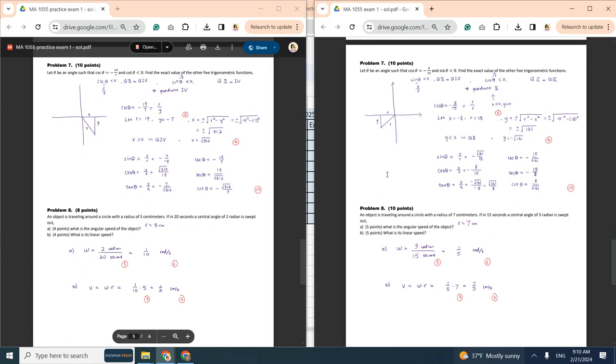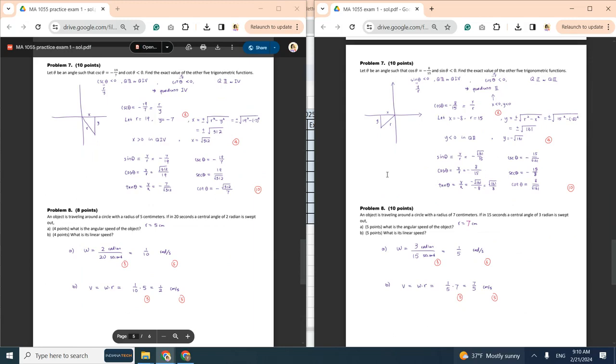Then you can write down, cosecant is r over y. Therefore, your r is always positive. So you set your r to be 19, and the y is -7. Then by the Pythagorean theorem, you can find the x.